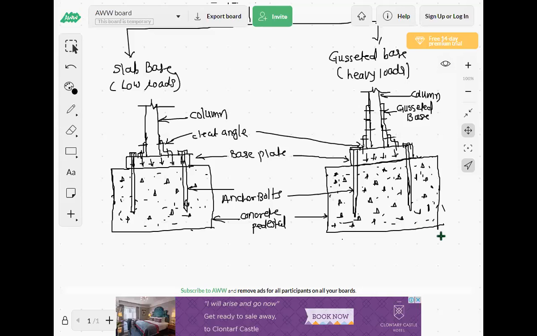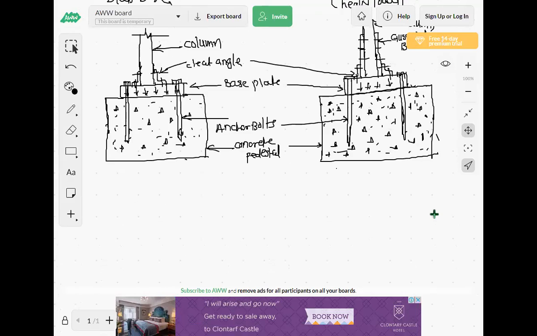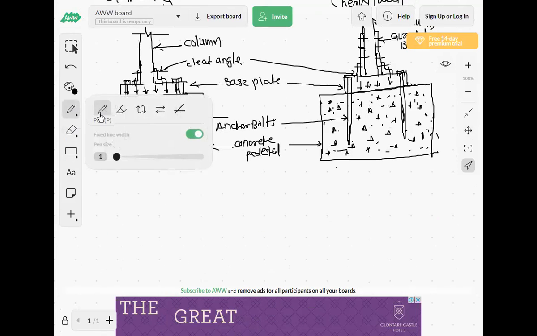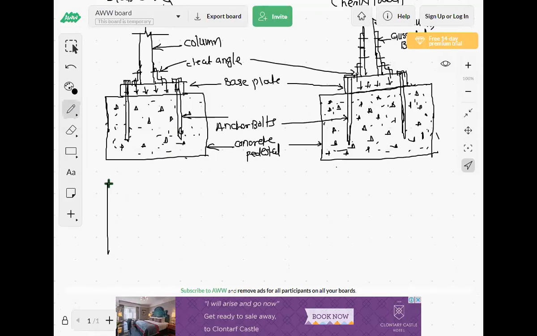So is this over? So this is the side elevation. Again I will draw here a plan of this particular one. Here this is your concrete pedestal. Then on the concrete pedestal there is the gusset plate.